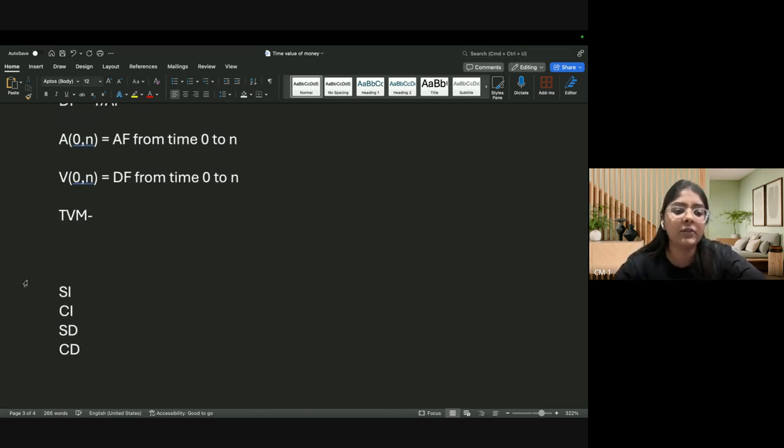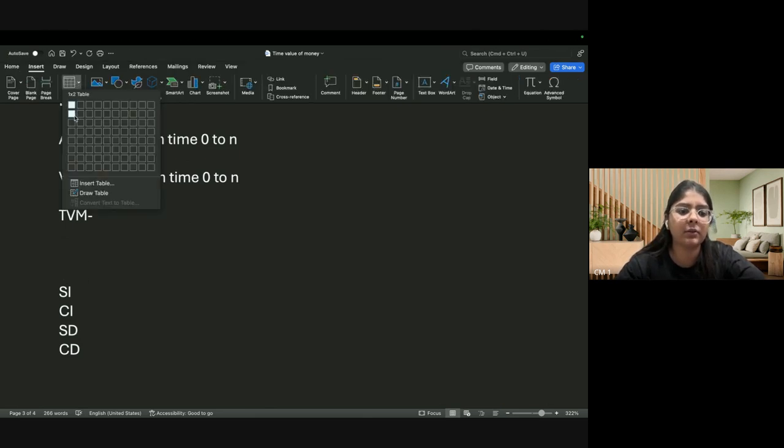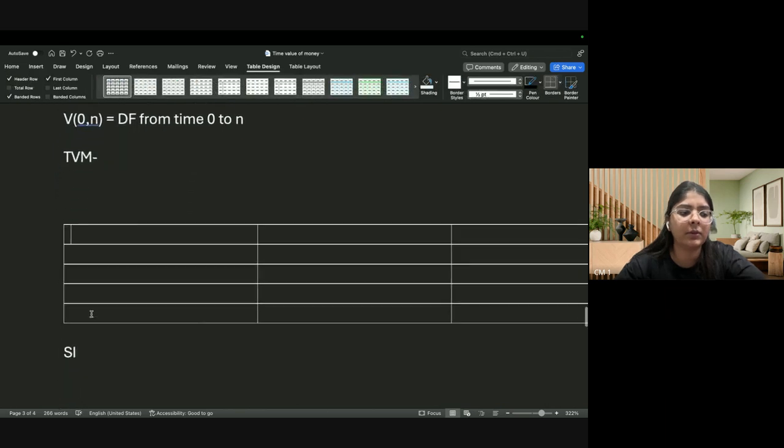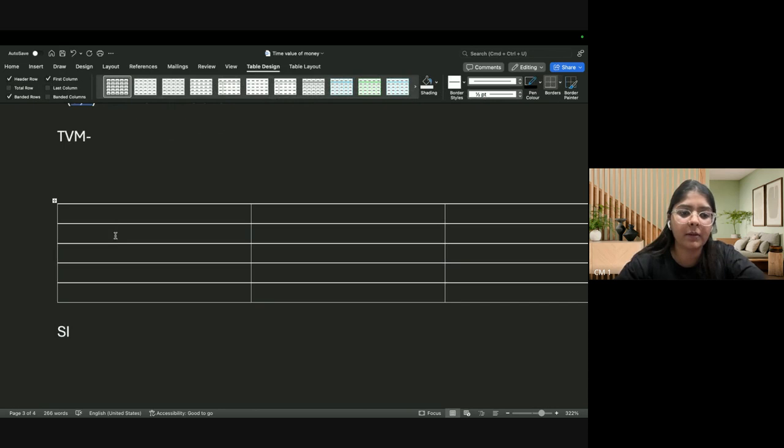Now, let's make a table that will be easier. We have also learned about accumulation factors and discounting factors.